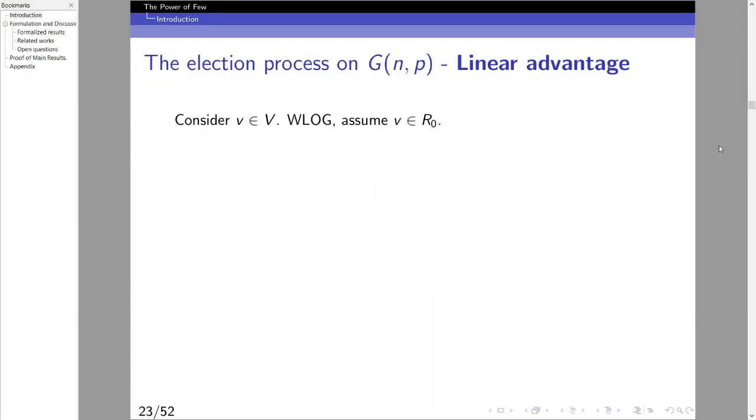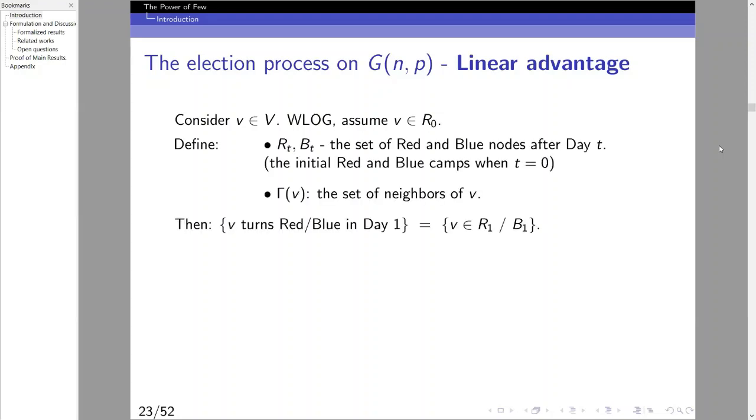Consider node V, and assume that it's red in the beginning. So define R_t and B_t to be the sets of red and blue nodes after day t, and Gamma(V) to be the set of neighbors of V. So V turning red or blue is just V belonging to R_1 or B_1.